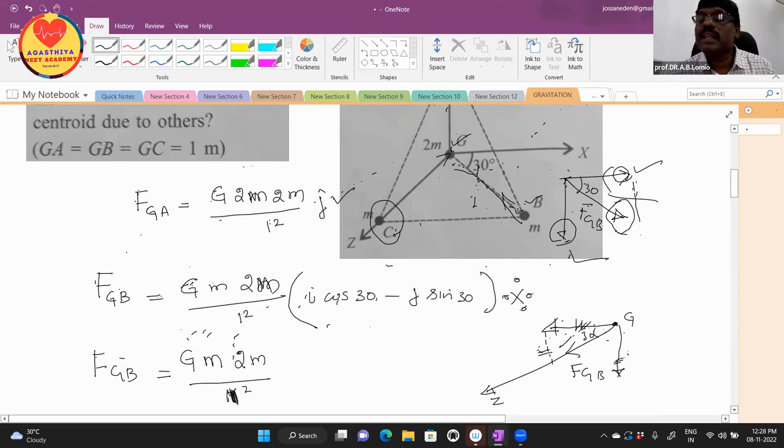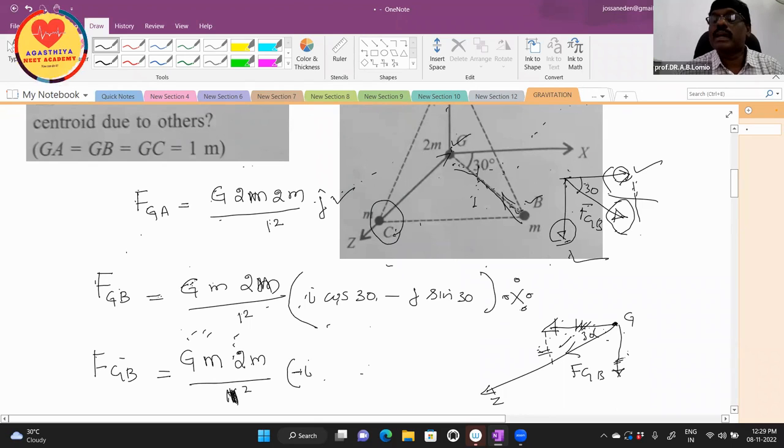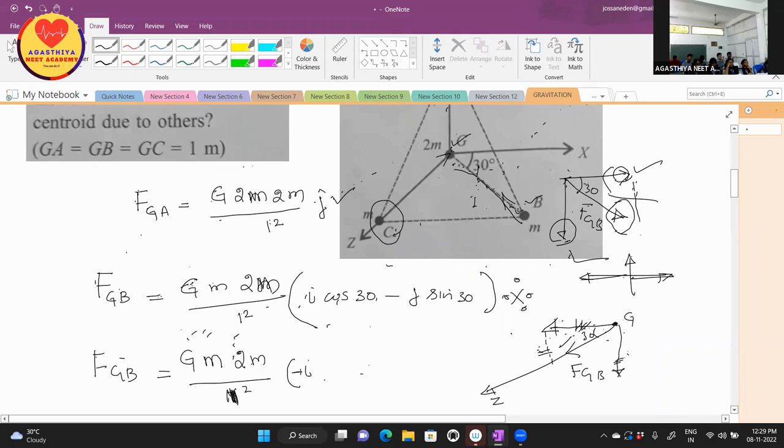Here, this horizontal component is also acting on the left-hand side, negative, and the vertical downward. Both are negative. The x component is minus because it is acting on the left-hand side. Positive on this side, negative on the other. Upward positive, downward negative.